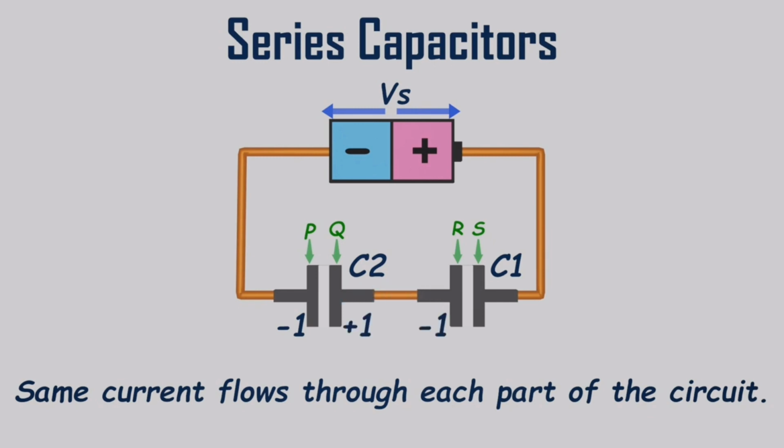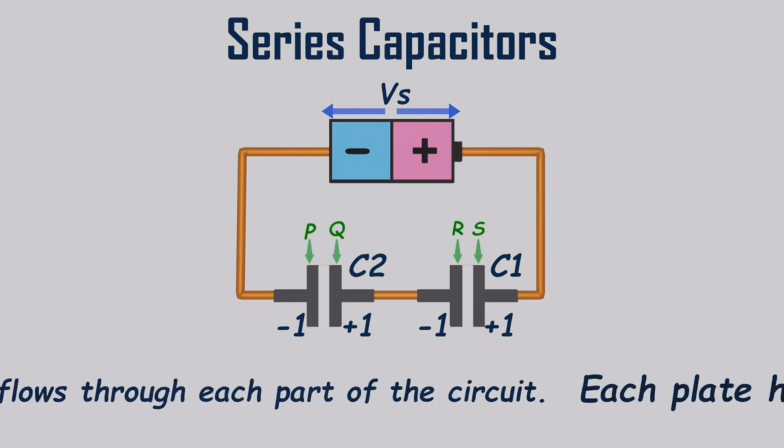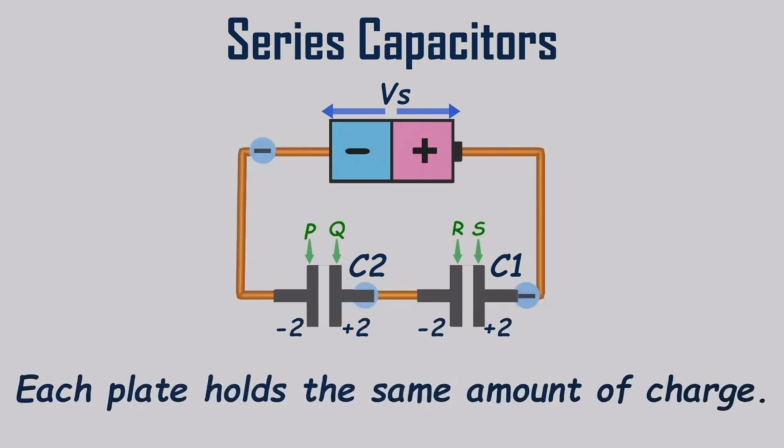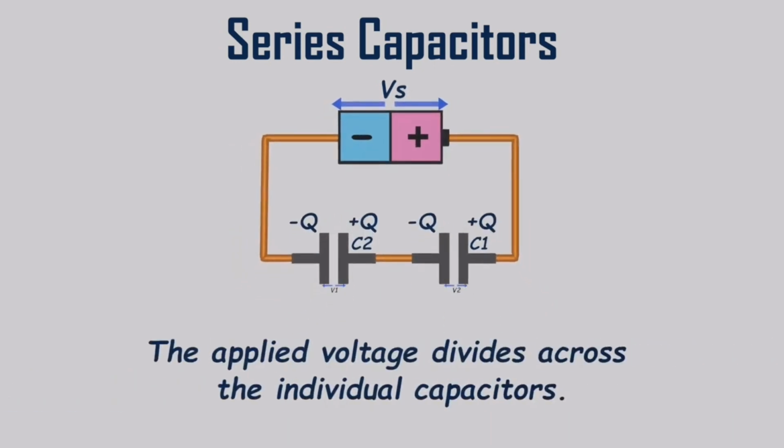This process continues, where to accumulate one electron on plate R, plate S has to release one of its electrons. These electron movements occur simultaneously. Hence, each plate always holds the same amount of charge, and the applied voltage divides across the individual capacitors.